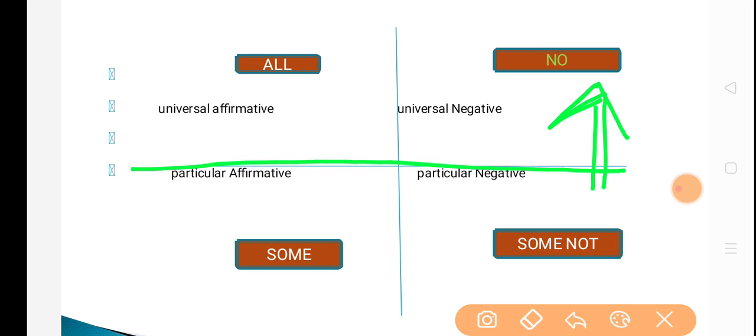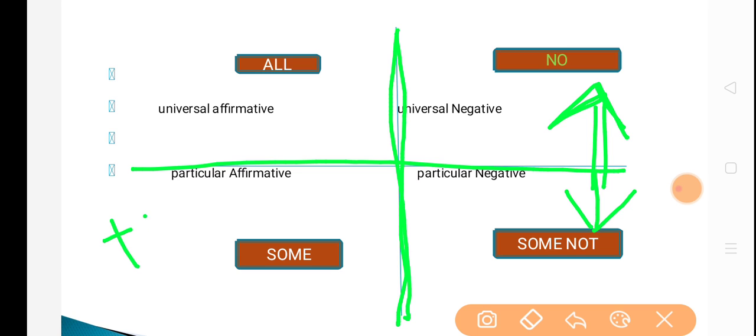Above this line is universal proposition and below this line is particular proposition. Then what we learned in the previous slide, we can divide the box into right and left. This side is the positive side and this side is the negative side.